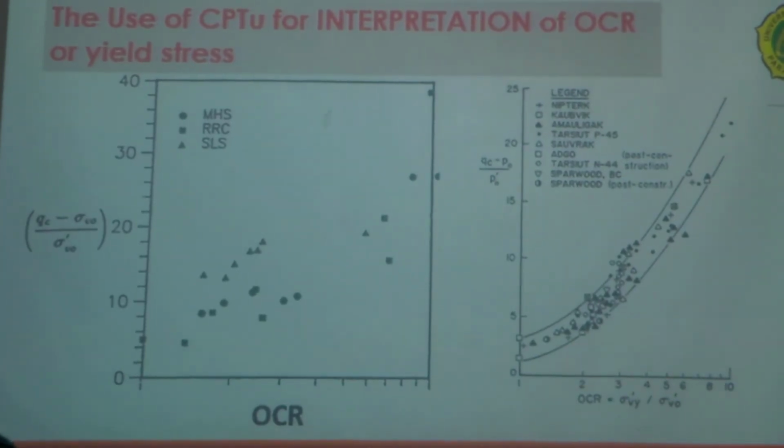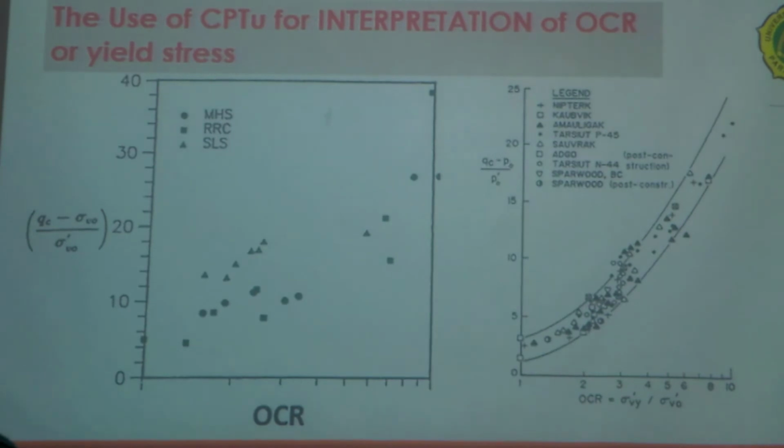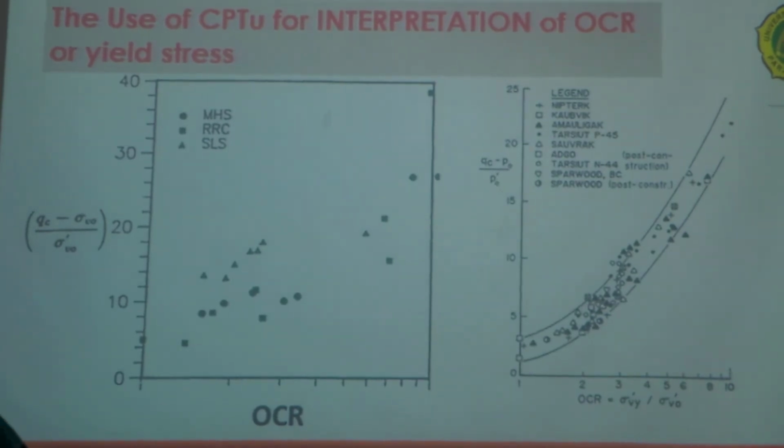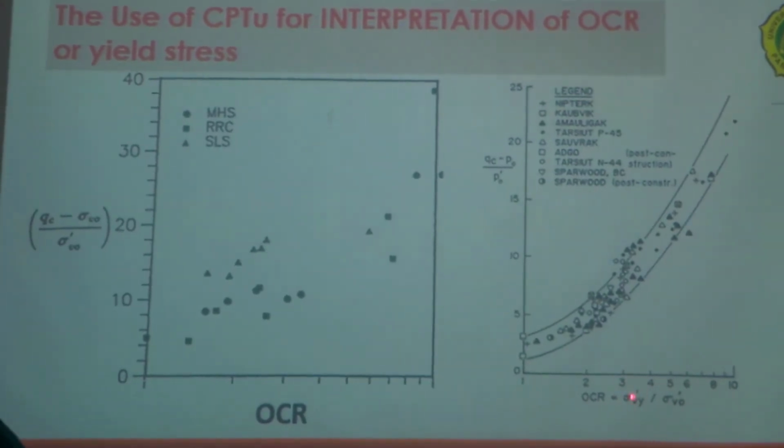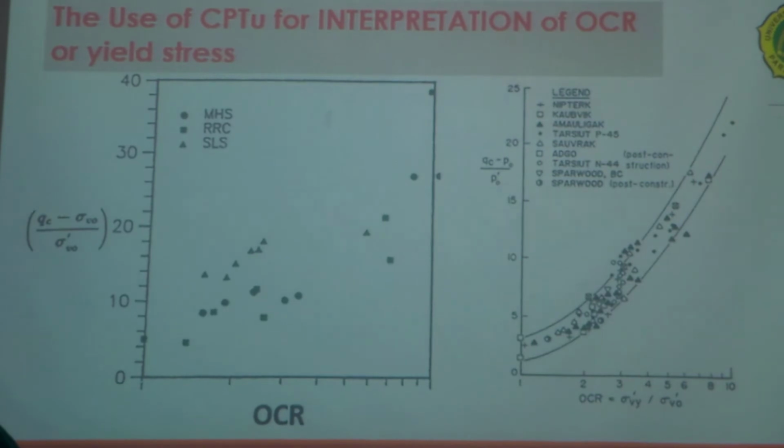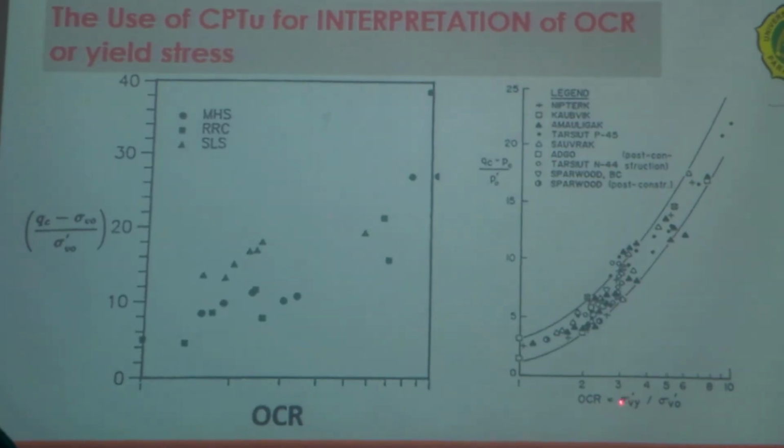If that number is, let's say, 10, you get an OCR of about 4. So you know the OCR just from the tip resistance, because the pre-consolidation stress is called yield stress, same thing, meaning that it is giving you the real strength.